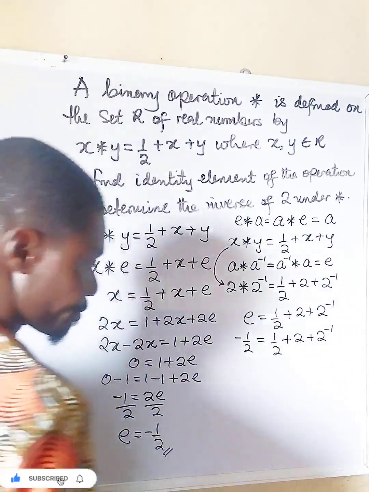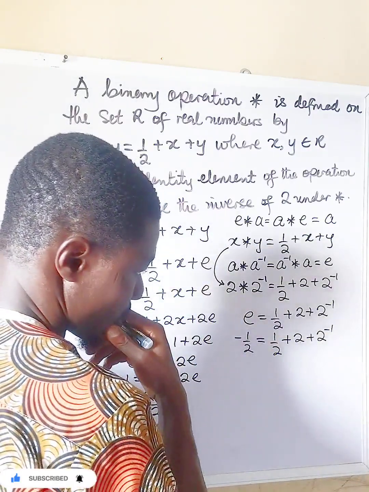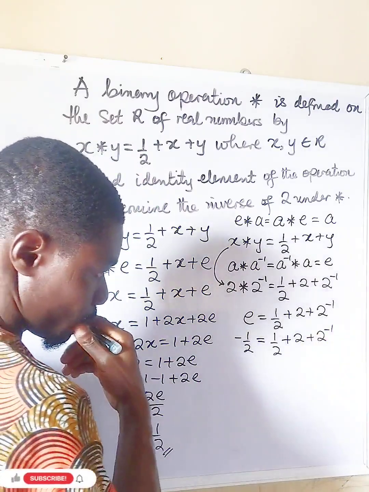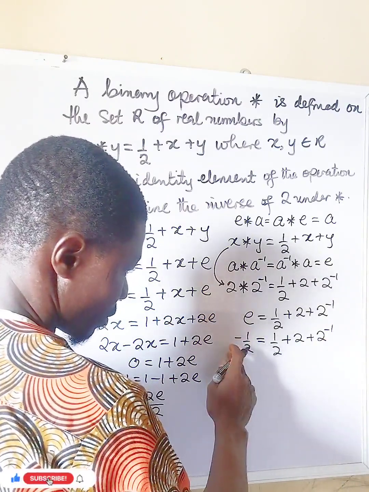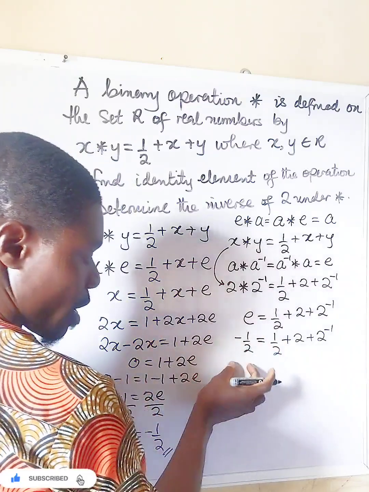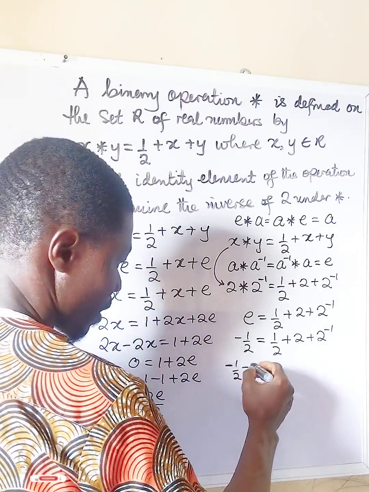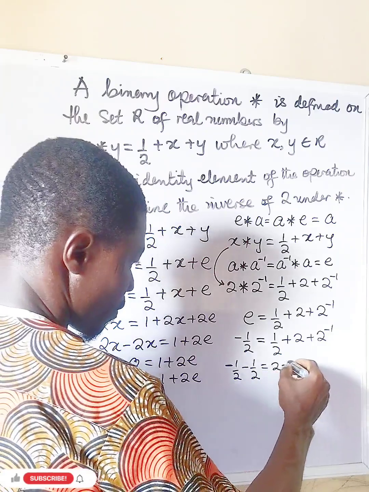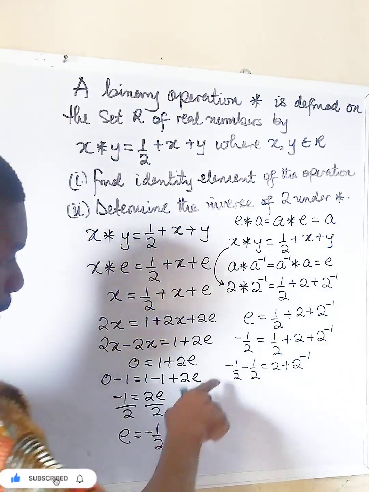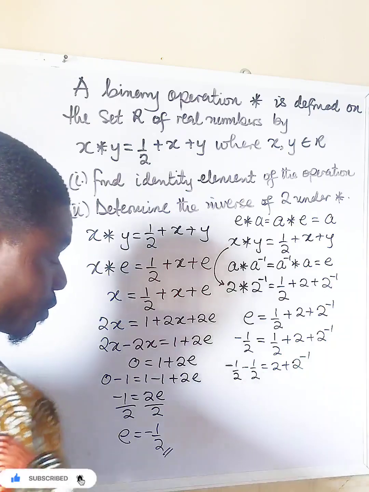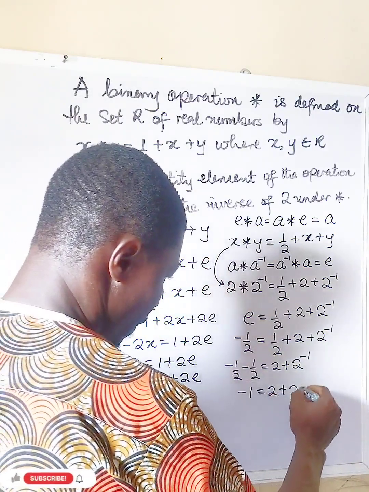So to this end, let us just multiply through by 2. By multiplying through by 2, we have negative 1. Let us just take this half over to the left hand side. You have negative 1 over 2 minus 1 over 2 equals 2 plus the inverse of 2. And when we have minus half minus half, that will give us minus 1, then equals 2 plus the inverse of 2.